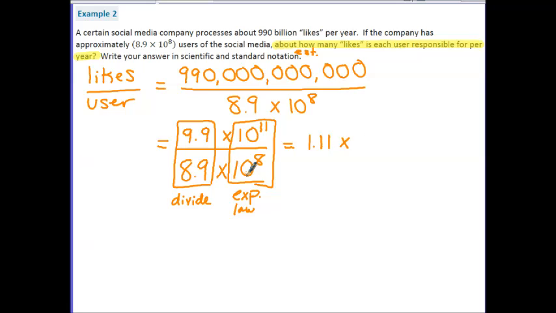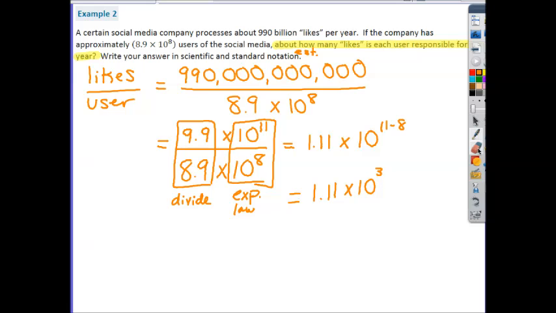So 10 to the 11th divided by 10 to the 8th, we keep the base and subtract the exponents. And so that's going to give me a final approximation of 1.11 times 10 to the third. And what I should actually correct here is, if we're finding an approximation, this wouldn't be an equals. We would actually use the approximation sign, which is a squiggle equals.